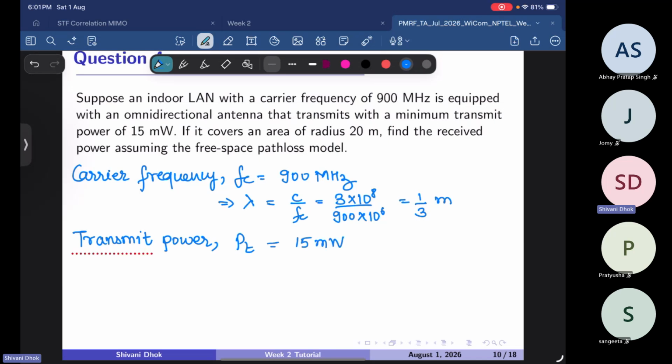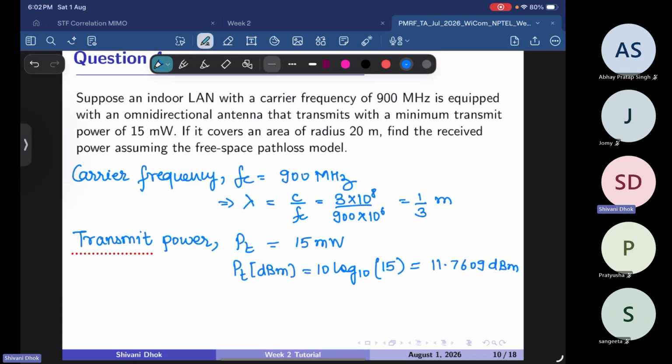So your transmit power in dBm is 10 log to the base 10 of 15 milliwatts, which comes out to be equal to 11.7609 dBm. So this is in your dBm.